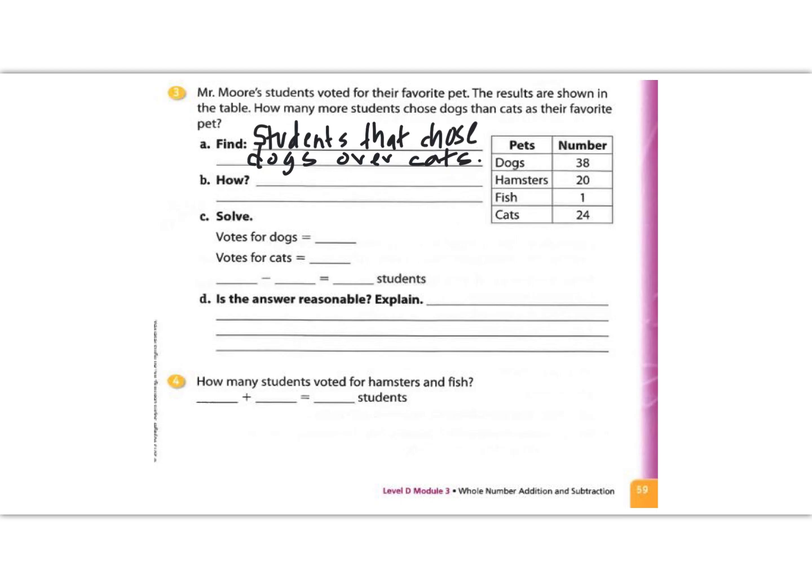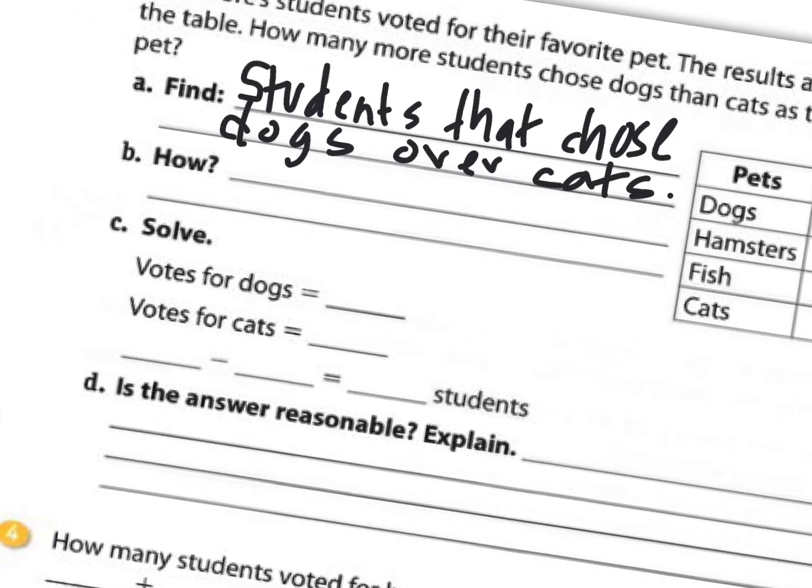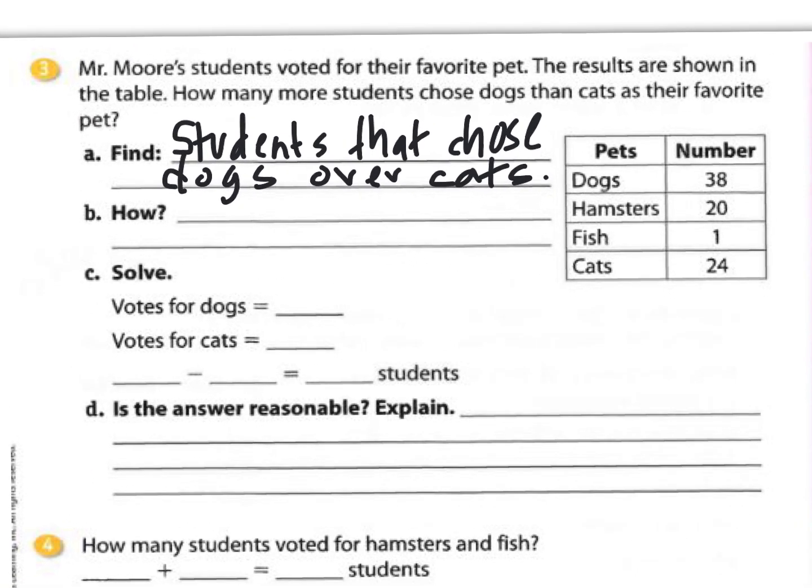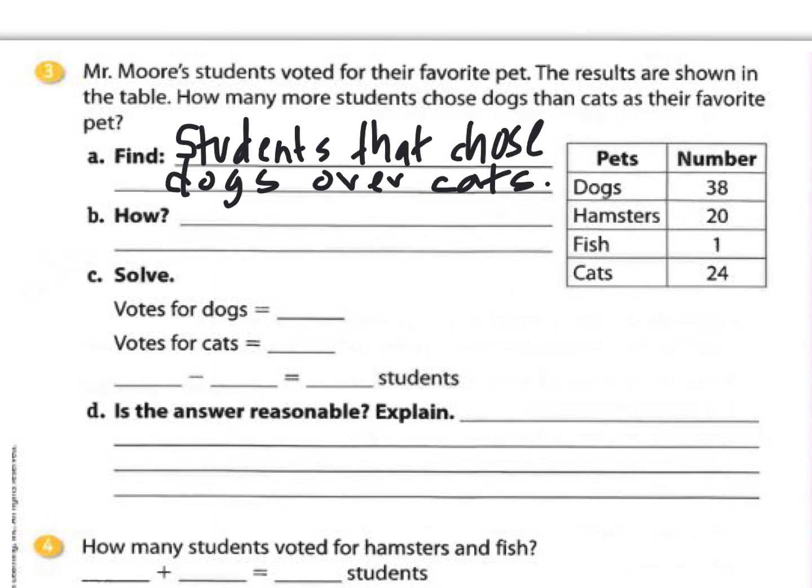Okay. And then I'm going to zoom in here so we can see that a little better. All right. So how are we going to do that? Well, like we've been doing with all of our last lessons, dogs over cats. So dogs is 38 and cats is 24. So I think we're going to subtract.